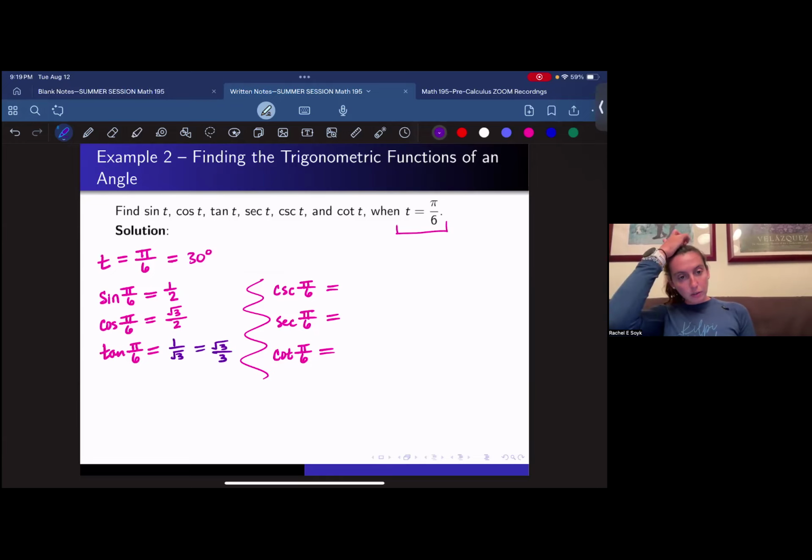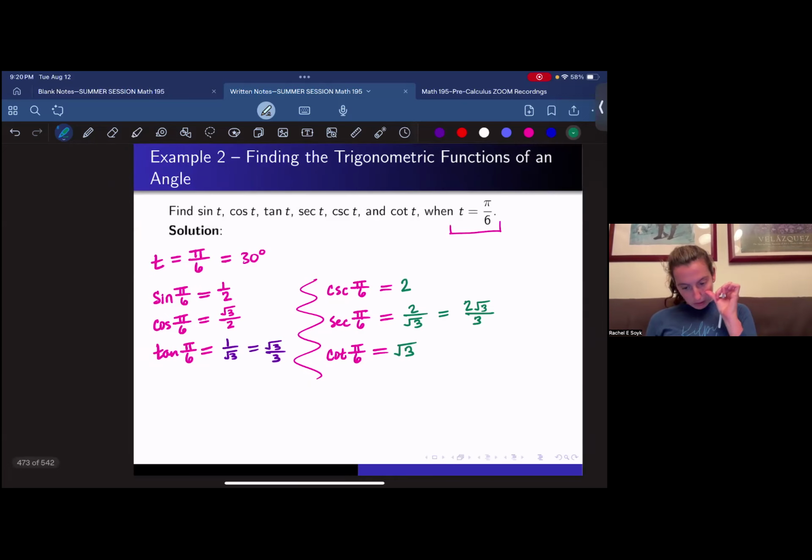And now let's look at the reciprocals. Cosecant of pi over 6 is just 2. Secant of pi over 6 is 2 over square root of 3. Rationalize the denominator and we get 2 square root of 3 over 3. And then cotangent of pi over 6 is just square root of 3. I feel like this was the same.